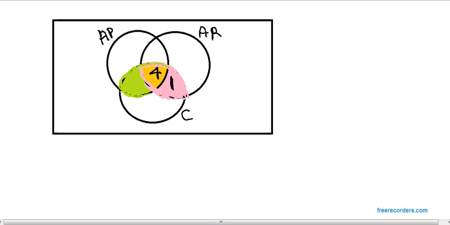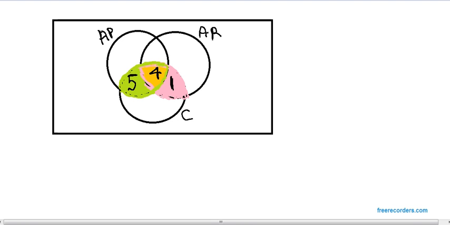And this football-shaped region consists of everything that's in the cheating circle and in the academic probation circle. If we look at the problem, it said that 9 have cheated and are on academic probation. Since I already have 4 in there, I need to add 5 more to get my total of 9.